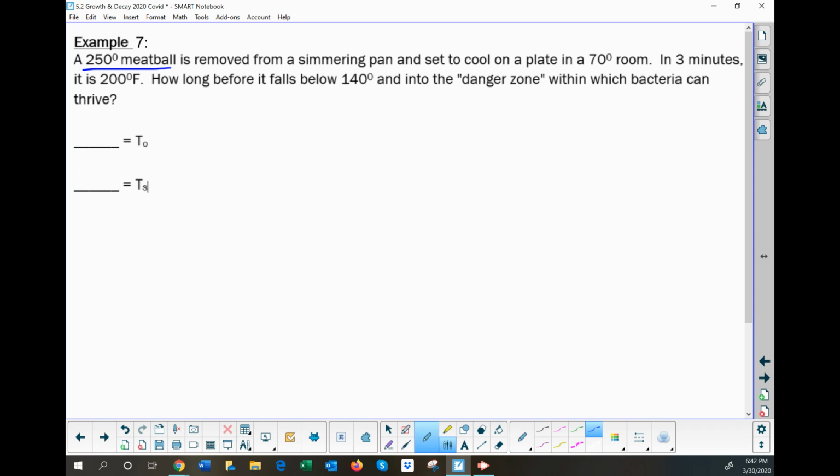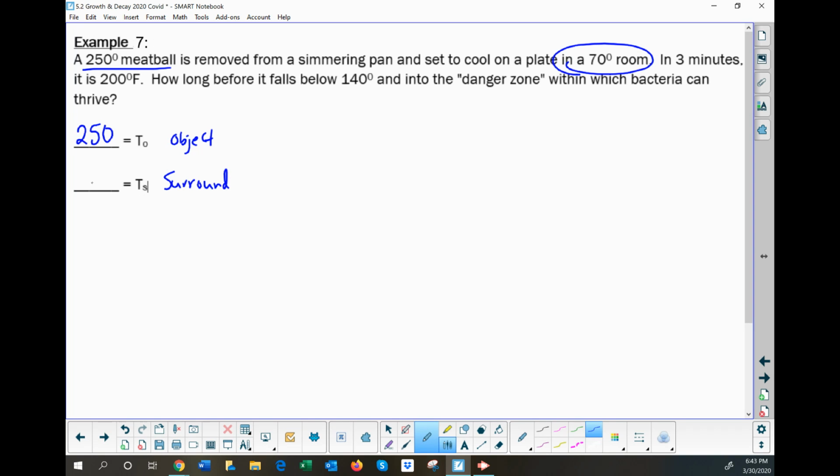So the T0, the object's temperature, was starting at 250 degrees, the initial temperature of the object. The surrounding temperature, that's my room temp, was 70 degrees.